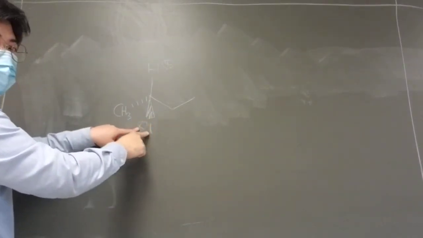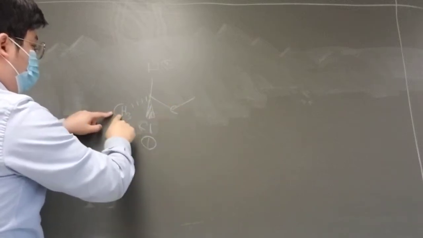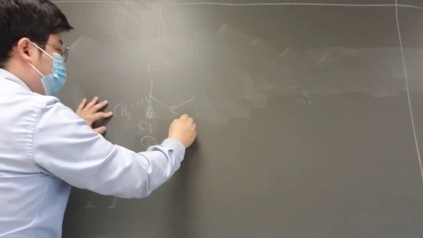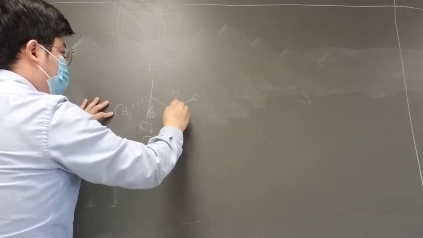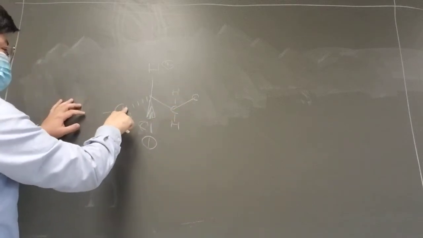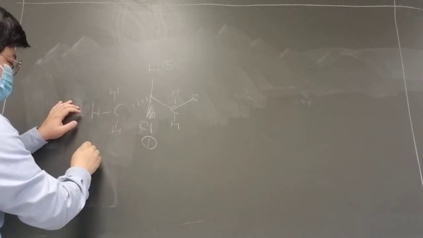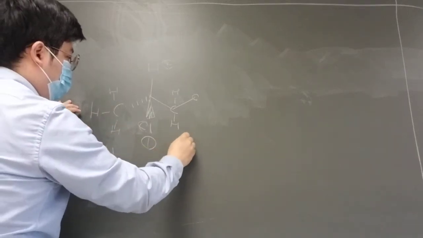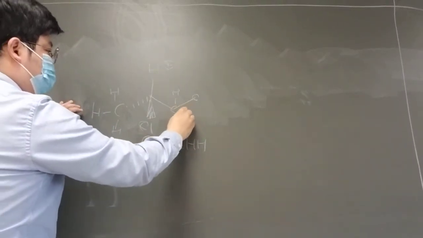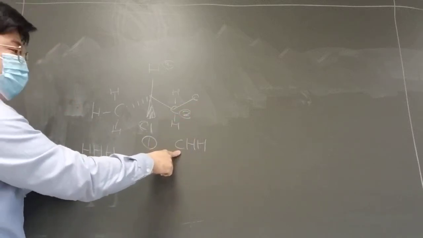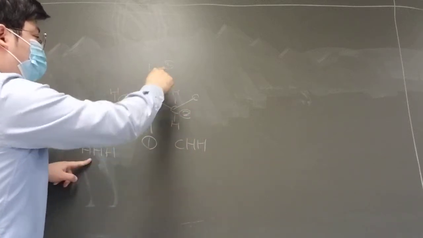So we'll do the same. This one is higher in atomic number, so it'll be number 1. These two are both carbon, they're tied, but for the same reason, there'll be carbon, hydrogen, hydrogen, versus hydrogen, hydrogen, hydrogen. So this will be 2, because carbon is higher than hydrogen. Then 3 and 4. Okay?